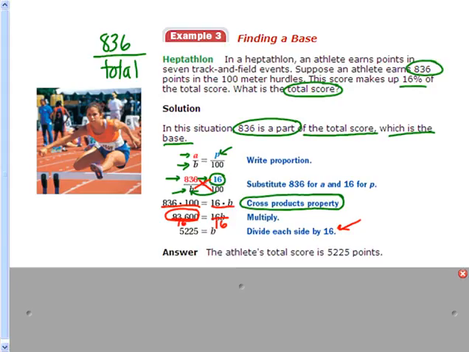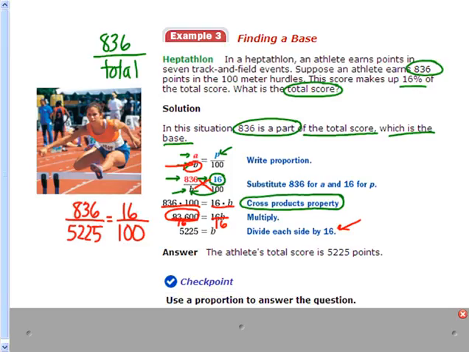So the answer to the question, the athlete's total score, remember we were looking for the base, that total score is 5,225 points. Looking back at that proportion, we know that 836 is 16%, and we know that 5,225 is the total, or 100% of this athlete's points.